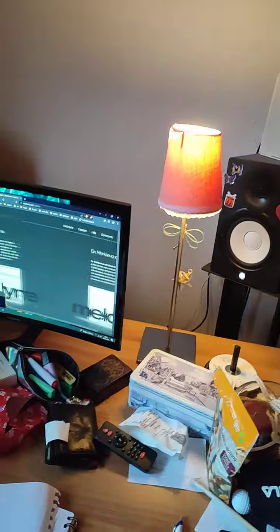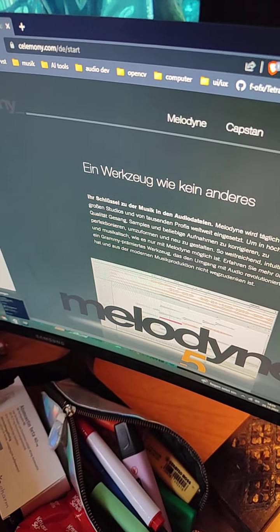On my computer, I'm currently on Melodyne's webpage because one big part, as someone who uses plugins as well as makes plugins, is of course owning a lot of plugins, because I'm a huge plugin fan. What does that mean? It means that I have to remember which plugins I have.